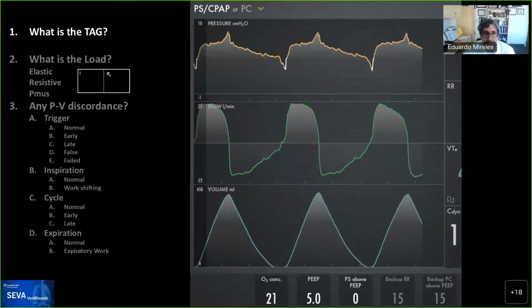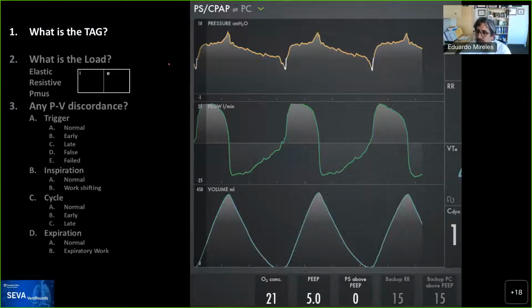And usually when I try to figure out if it's pressure control or volume control, I go and look at the flow waveform, and immediately you can see that there are different configurations of the flow waveform. It doesn't look geometric, and there's some variation in the tidal volume, if anything. So this is pressure control.